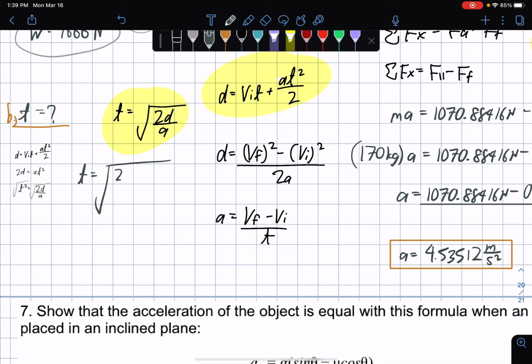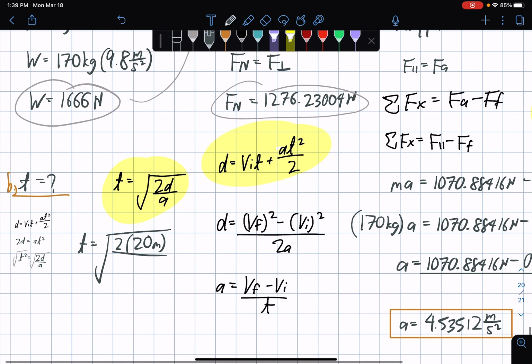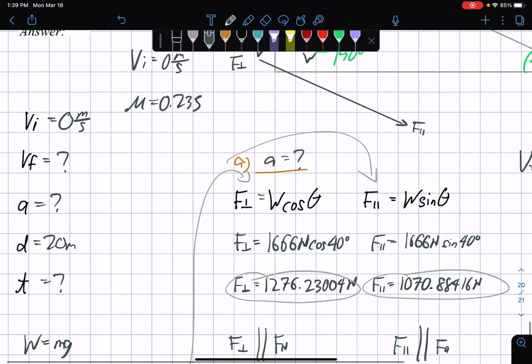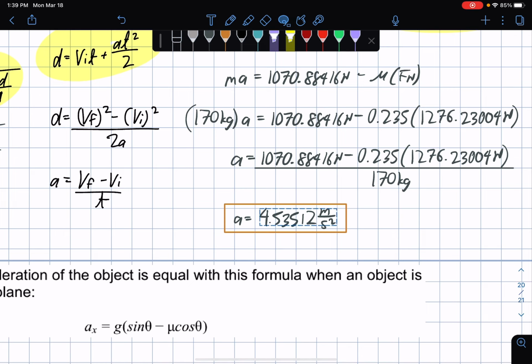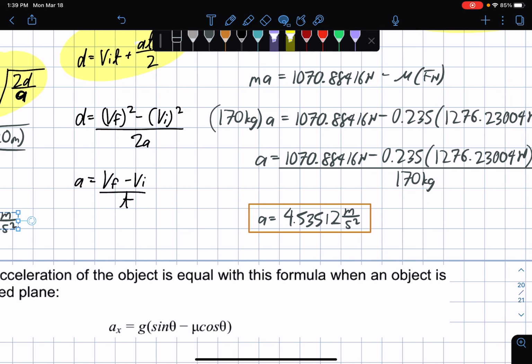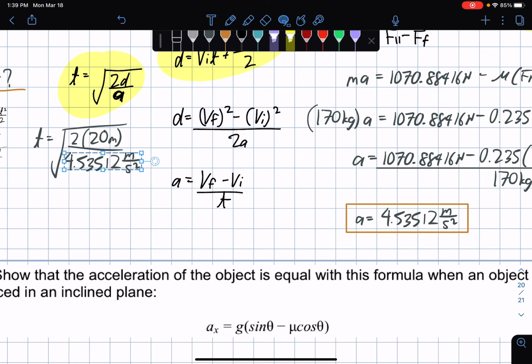So let's proceed. Okay, so 2 times distance. Distance is 20 meters. How about acceleration? What's our acceleration value? Well, we do know it already. It's this one. Okay.